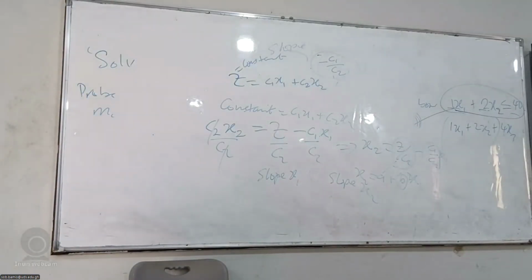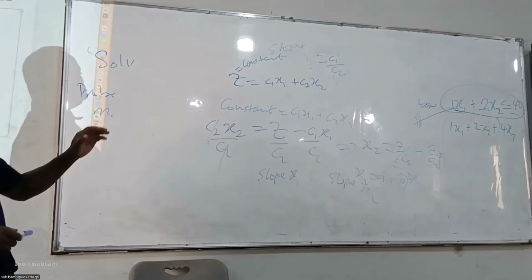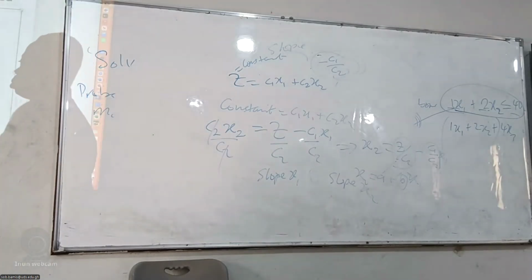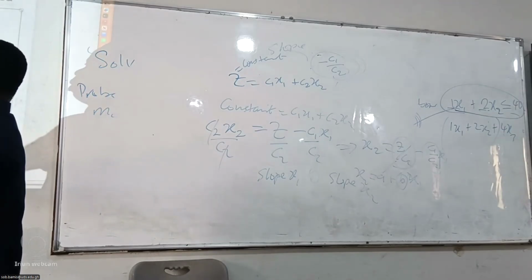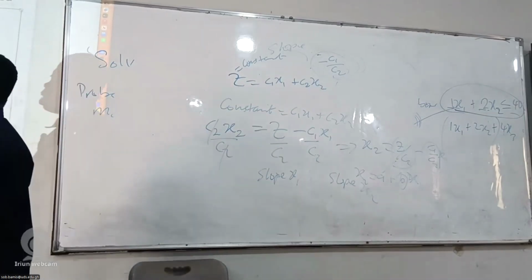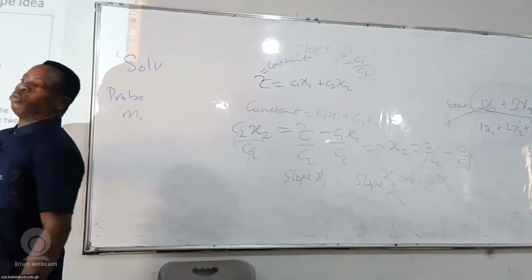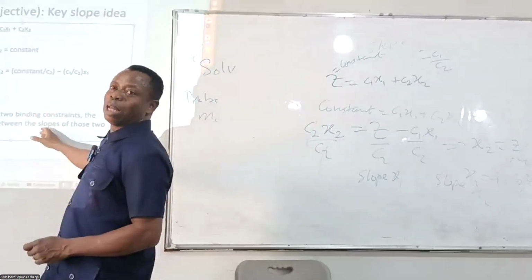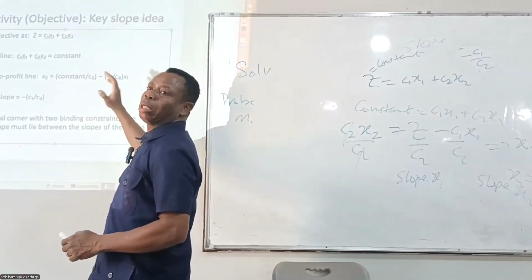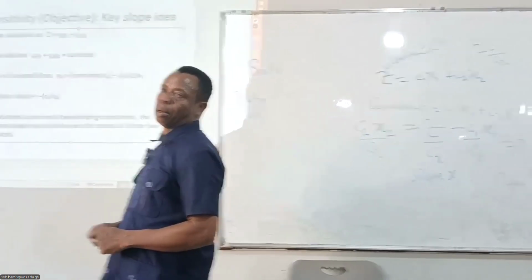Now, the slope of the objective function must be in between the slope of the two constraints, provided that the two constraints are binding.